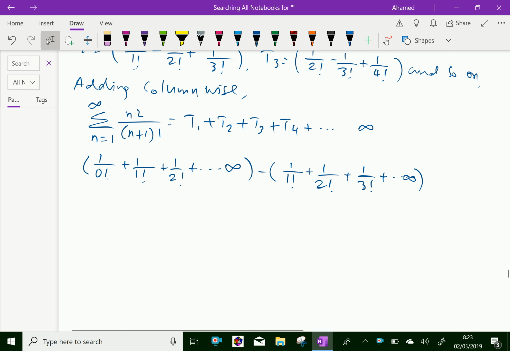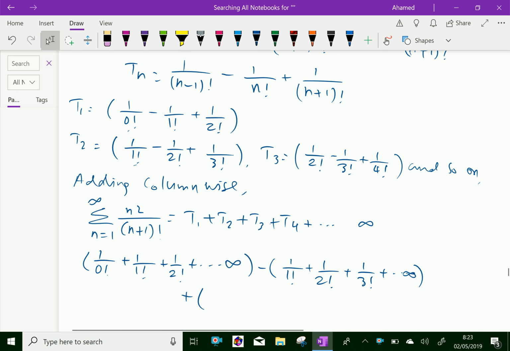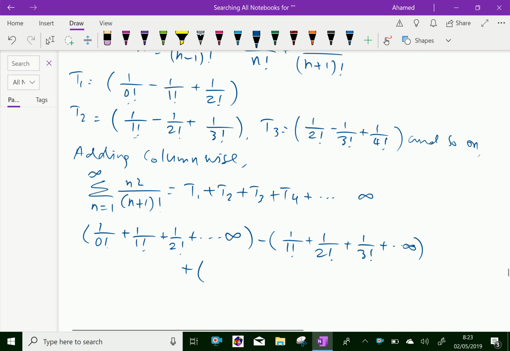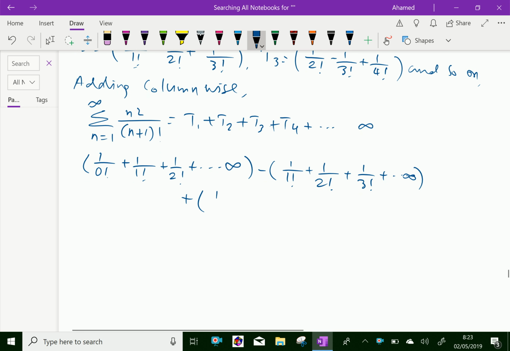The third term is addition of 1 over n plus 1 factorial, which gives 1 over 2 factorial plus 1 over 3 factorial plus 1 over 4 factorial plus dot dot dot up to infinity terms.